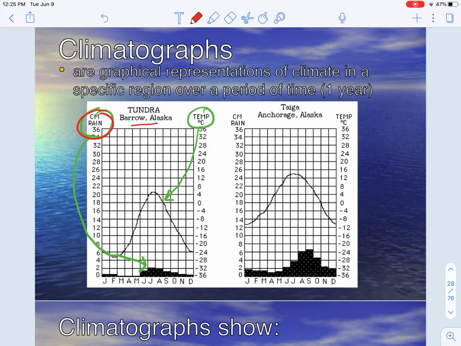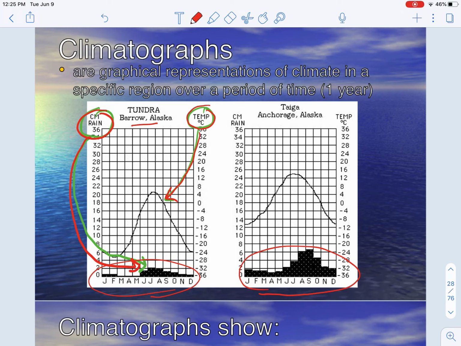Climatographs are important. You should know that the rainfall of the area in the graph is shown on the bar graph part of it, and the temperature is what the line graph portion is. So what we see here is we can quickly compare climatographs of areas that have higher precipitation and areas that have lower precipitation.